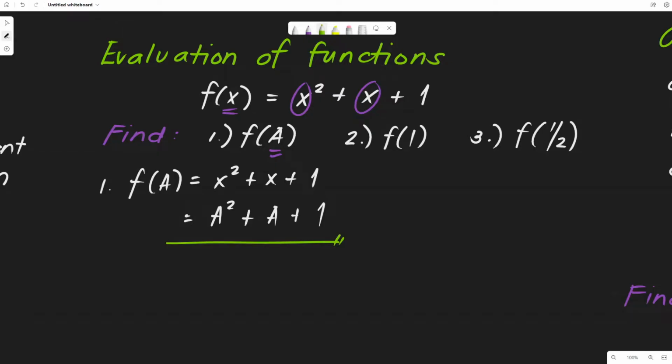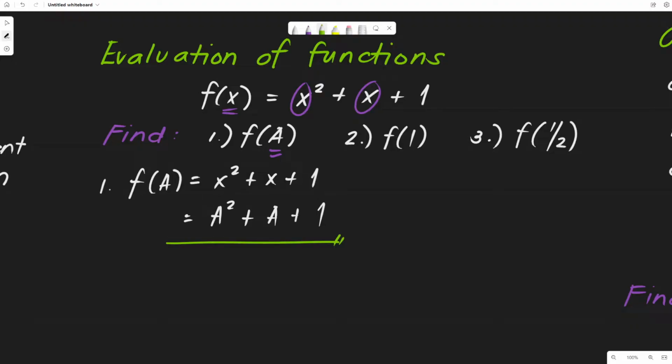Why? We cannot further combine a squared and a. Remember, if we have the same base but different exponents, we cannot combine them; we leave them as is. But if they have the same base and the same exponent, then we can combine their numerical coefficients. So this is already our answer.